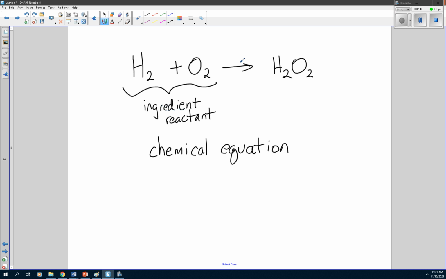Okay, then the arrow is a little bit tricky. The arrow obviously indicates the direction that the reaction is going to take. That's a very important consideration. If you stay into chemistry a little bit longer, maybe you take chemistry in college or take the second semester of chemistry, you start getting into reactions that don't necessarily go one direction, or reactions that go in multiple directions, so-called equilibrium reactions. So this reaction only goes one way without a substantial input of energy.